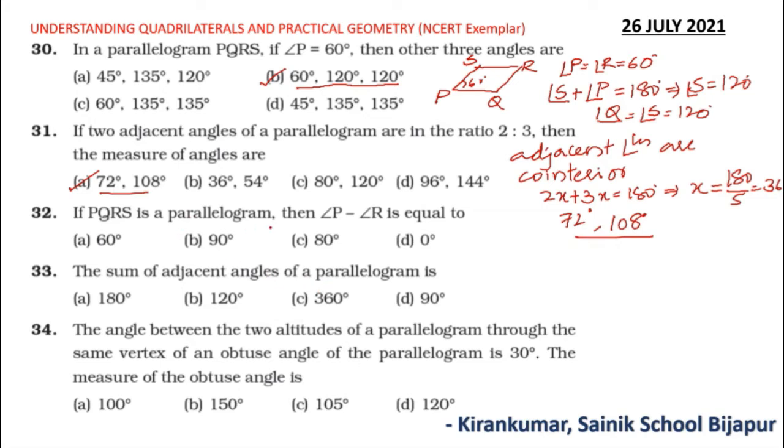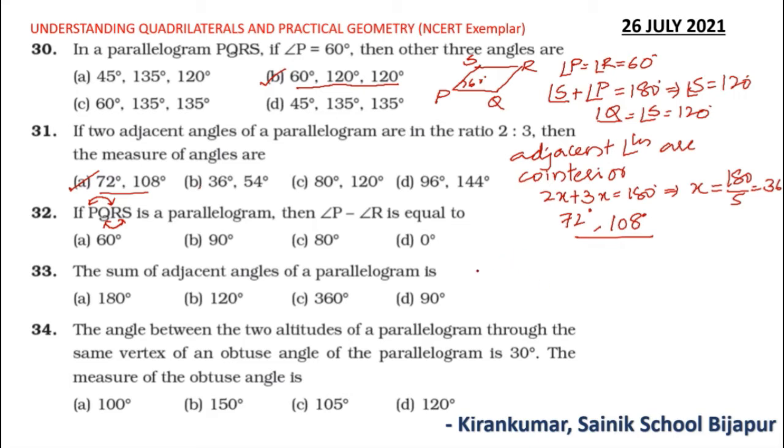If PQRS is a parallelogram, then angle P minus angle R is equal to. PQRS is a parallelogram. When we look at parallelogram PQRS, P and R are opposite vertices. Q and S are opposite vertices. We know that opposite angles in a parallelogram are equal, so the difference of the opposite angles will be 0.